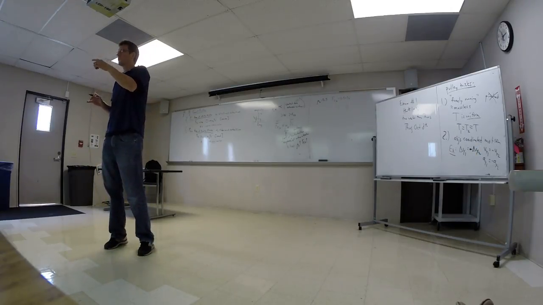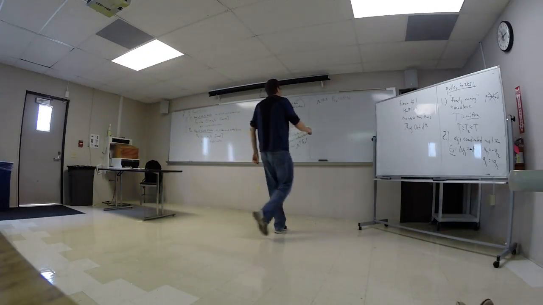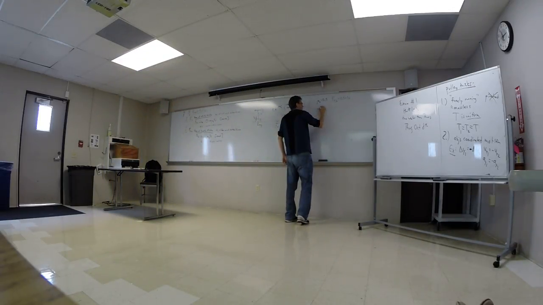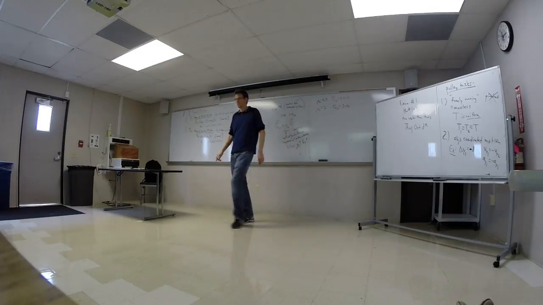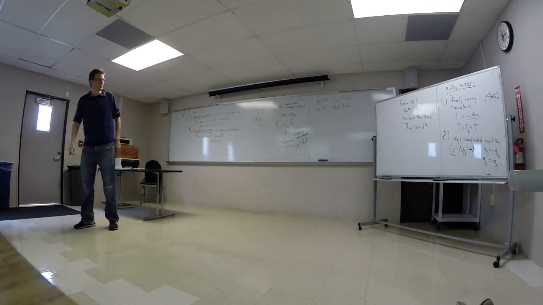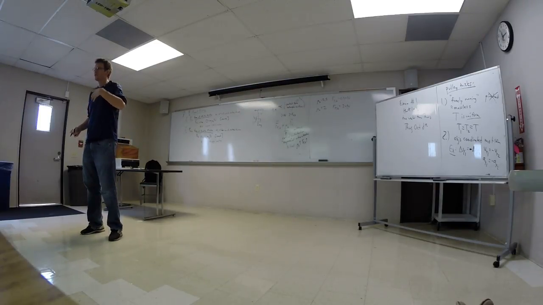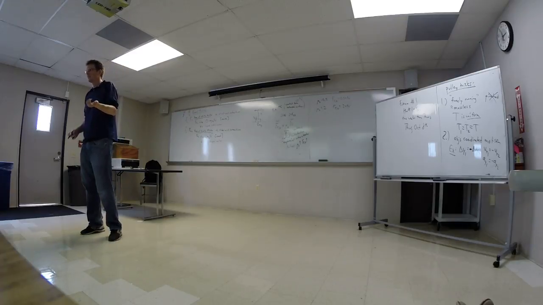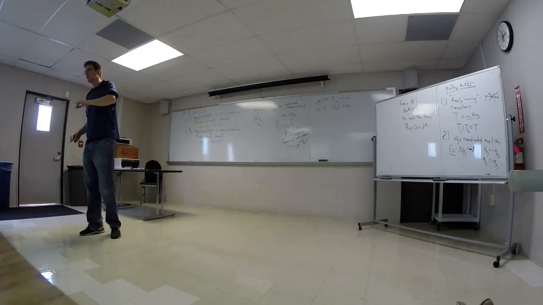But the frictional force will be half of whatever the contact is. Maybe you have a rougher surface, though. Maybe the mu k is 2. That means that the frictional force will always be 2 times the contact force. So I like to think of mu k as kind of like a power multiplier. Okay? It's a matter of telling you how much does the force of friction differ from the contact force. Okay? So you just multiply the contact force by that number, it'll tell you the frictional force.